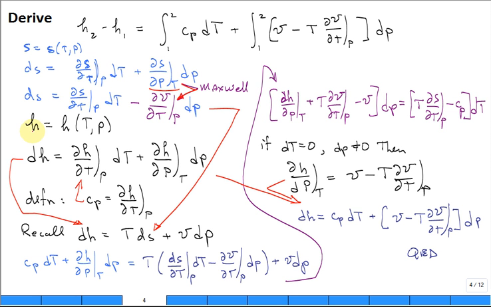H is assumed to be a function of temperature and pressure. Chain rule, dH is equal to all that. And then by definition, what is specific heat at constant pressure, Cp? Is that by definition the partial of H with respect to temperature holding pressure constant? It is.